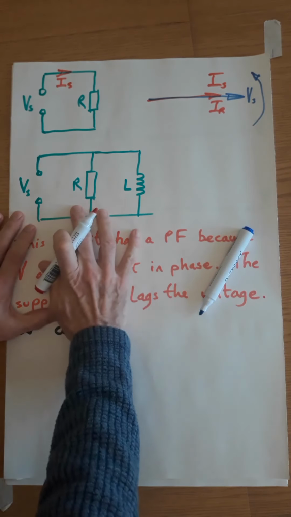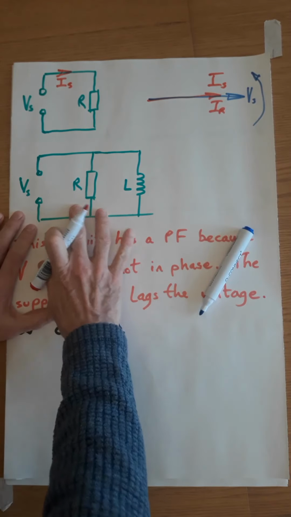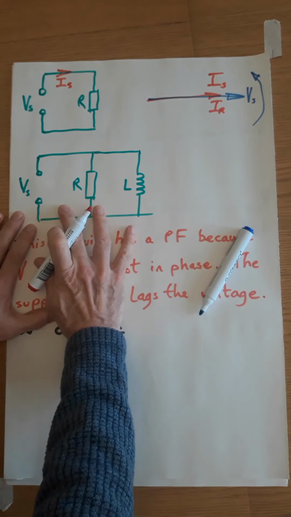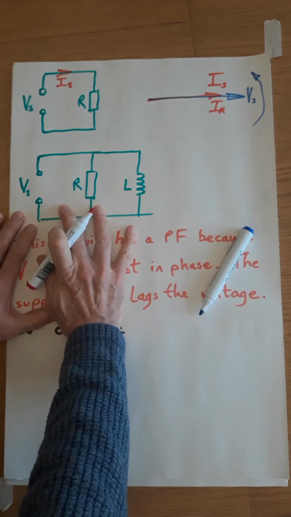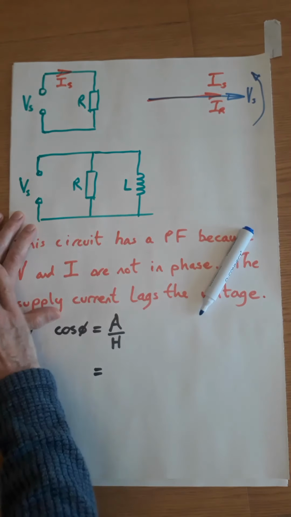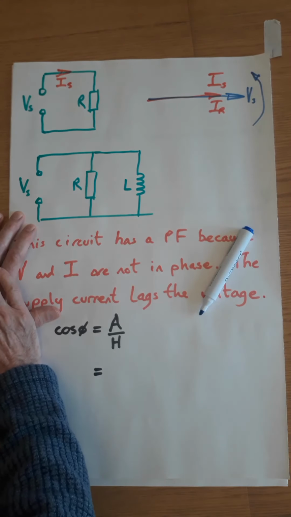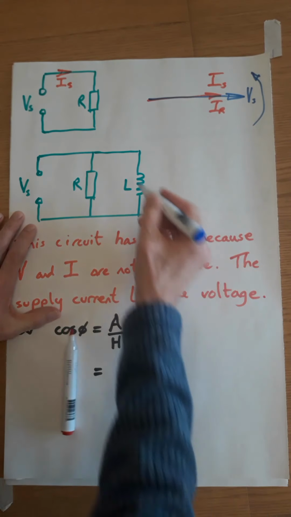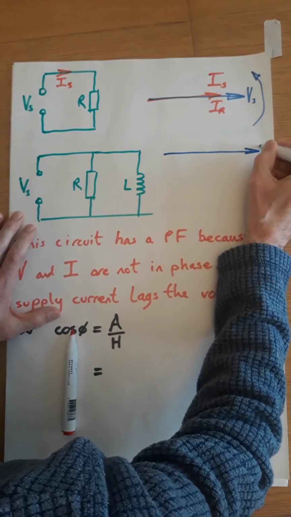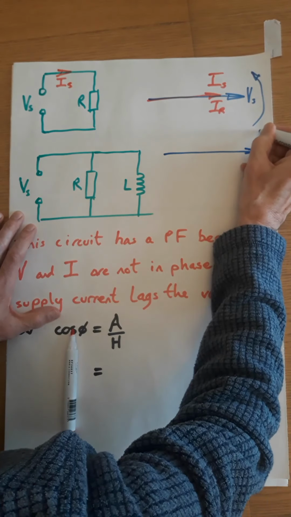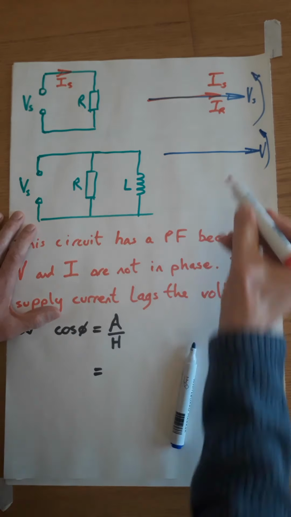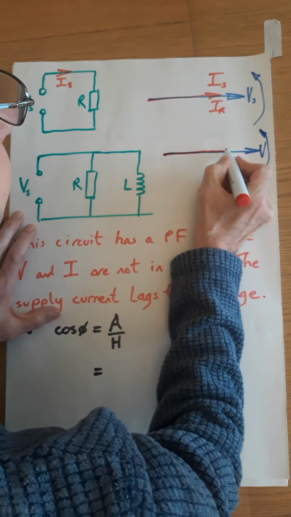If we move on to this diagram, which for example may represent something like a motor or a ballast in a fluorescent luminaire, or perhaps an electromagnet or some other device which has a coil, then we need to rethink what we're doing with the currents. Voltage is there, and the current through the resistor is going to be in phase.